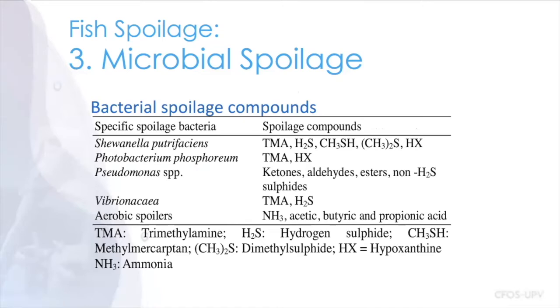Okay? So ito yun. It also shows the specific spoilage bacteria or organisms. These are the SSOs, and these are the spoilage compounds that they produce. So marami sa kanila ang trimethylamine, no? So ito yung mga dinedetermine natin using the TVBN assay. Okay?